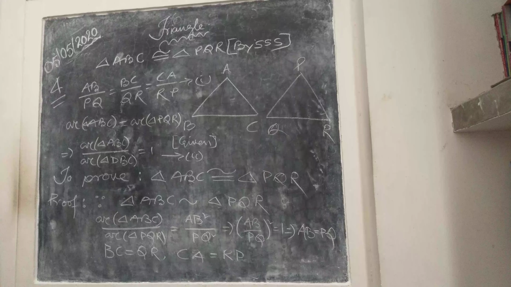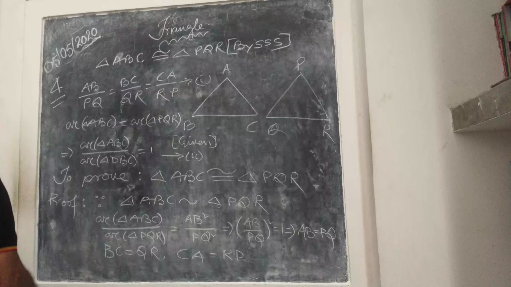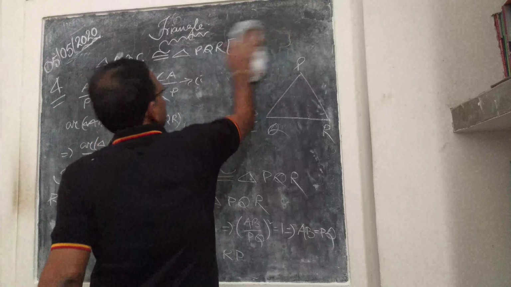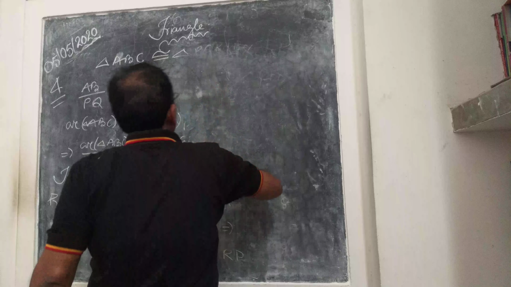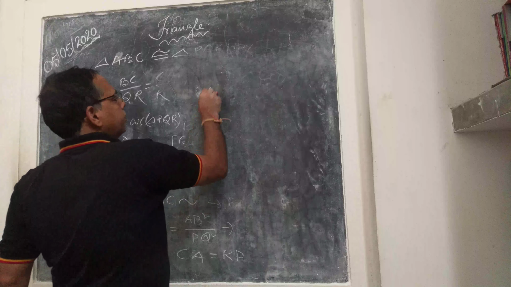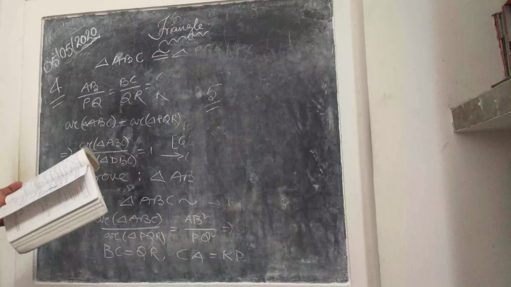Clear? Now, question number 5. I will draw the diagram and give hints, and then you try by yourself. D, E, F are the respective midpoints of AB, BC, CA of triangle ABC.